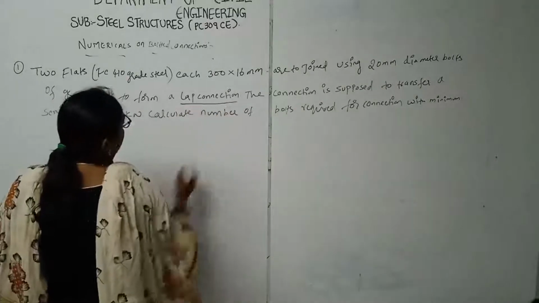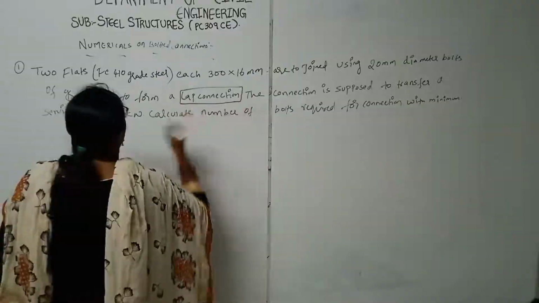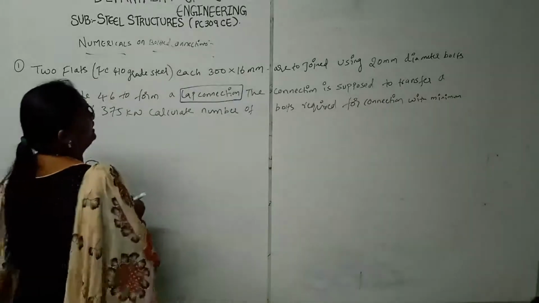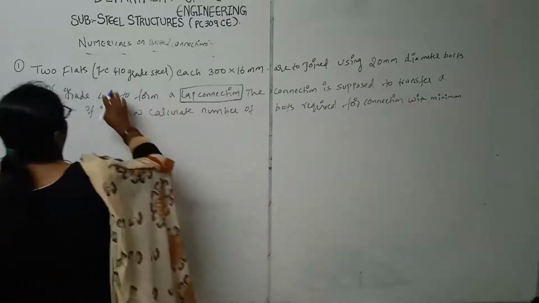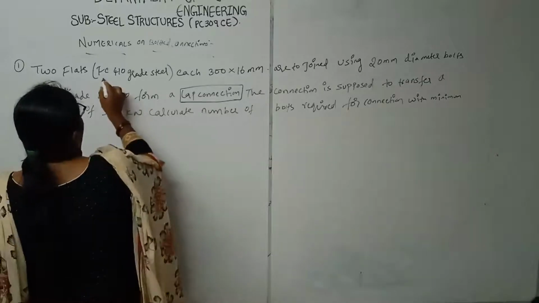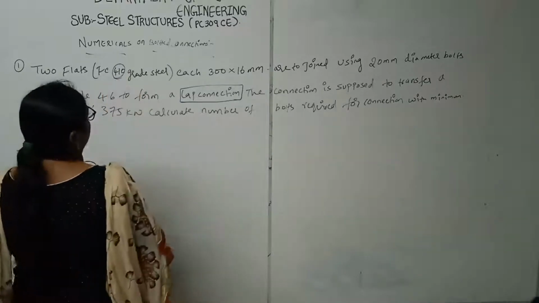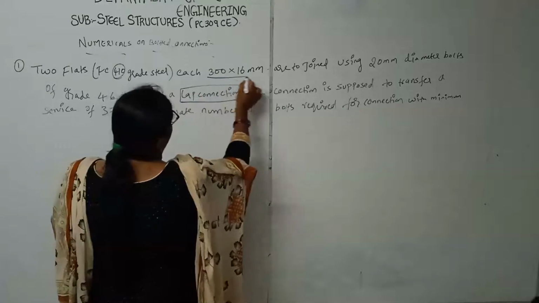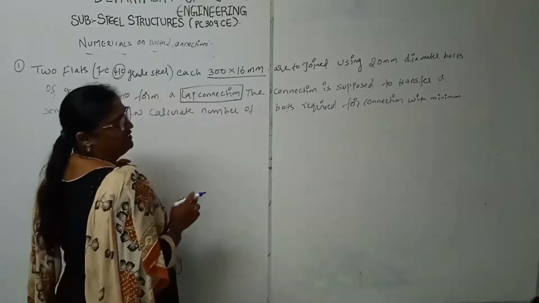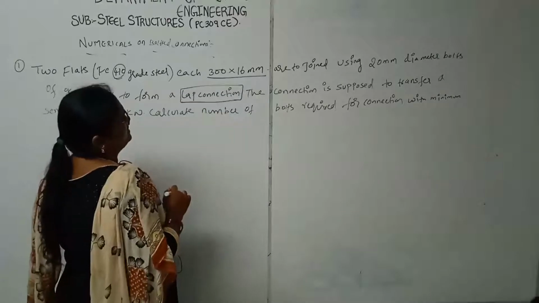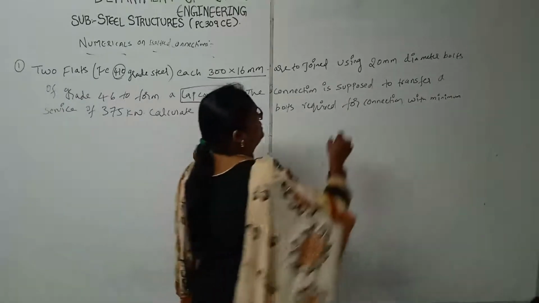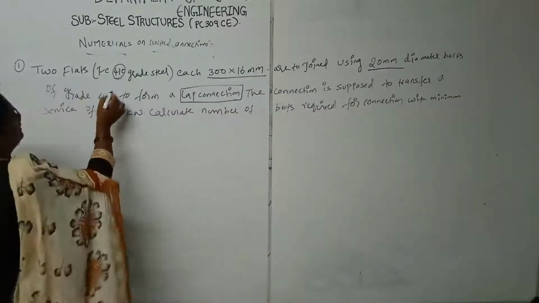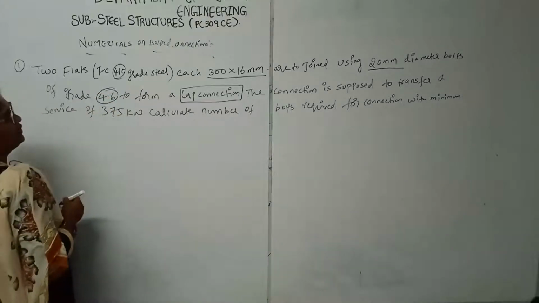Here he is asking us to design the lap connection by using the two flats of Fe410 grade steel, each of 300 by 16 mm, joined using 20 mm diameter bolts of grade 4.6 to form a lap connection.